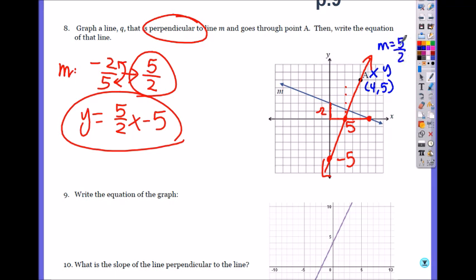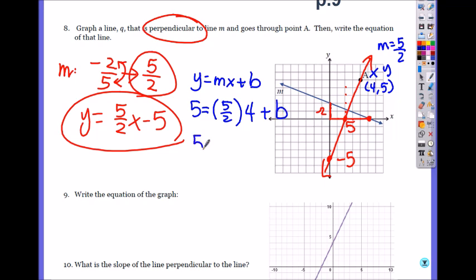If you have slope and x and y, can you solve for b? Yes. Y equals mx plus b, and y we can use 5, and slope we knew was 5/2, and x, when y is 5, x is 4.